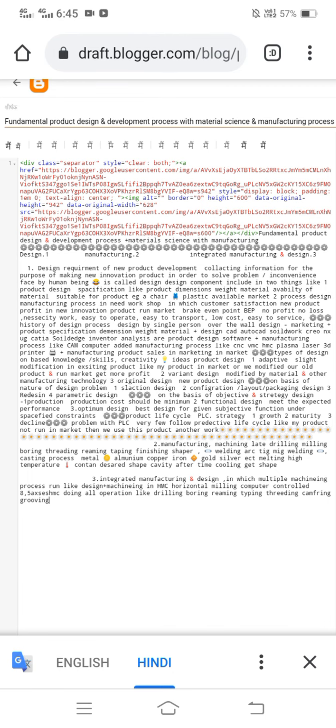Types of designs based on knowledge, skills, creative idea, product design.